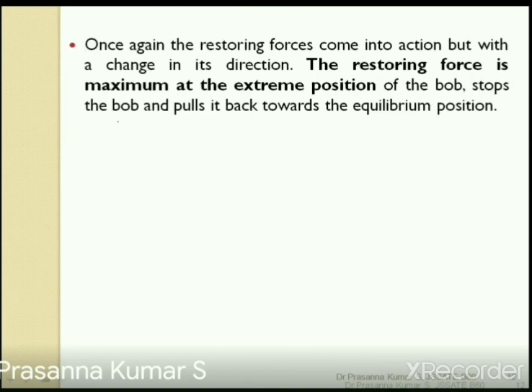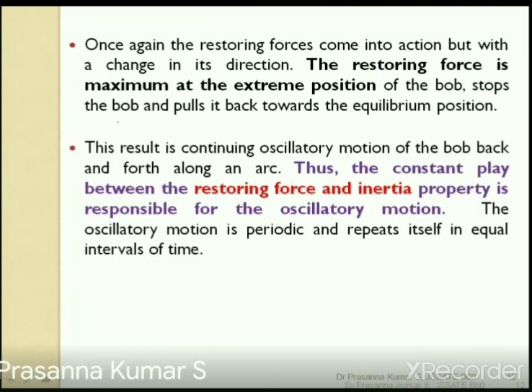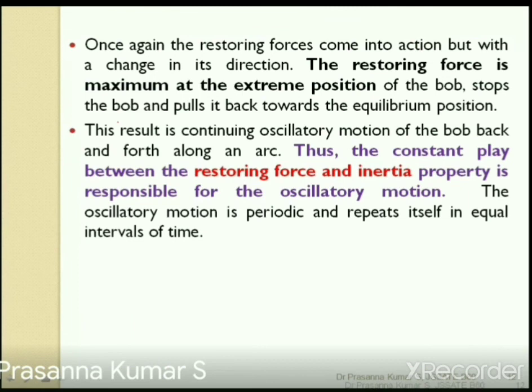Once again, the restoring force comes into action, but with a change in direction, isn't it? So the restoring force is maximum at the extreme position of the bob, and it stops the bob and pulls it back towards the equilibrium position. The result is continuing oscillatory motion of the bob in the form of an arc.